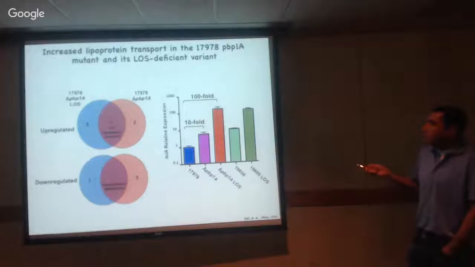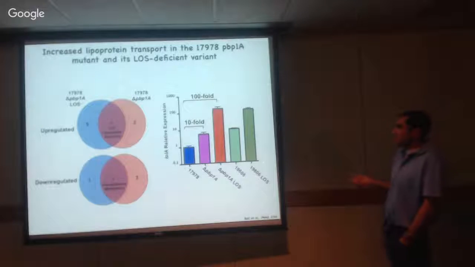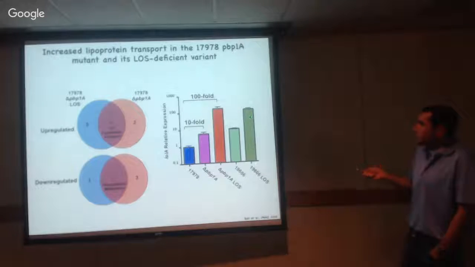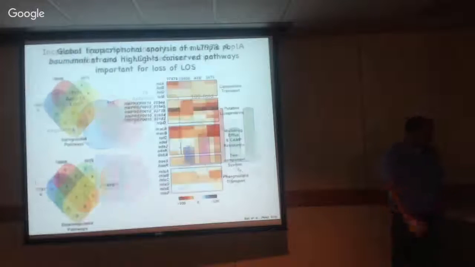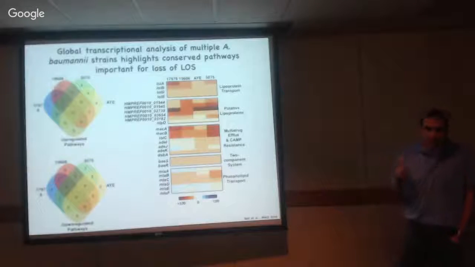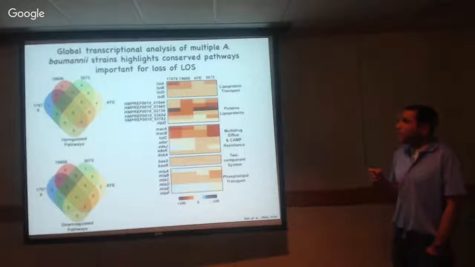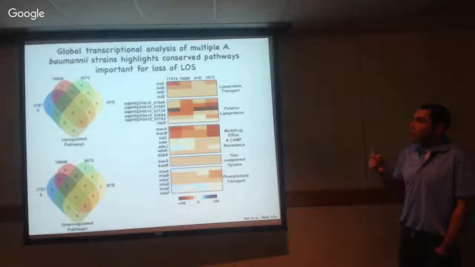In our LOS mutant, there's about a 100-fold increase. So we know that lipoprotein transport, the movement of lipoproteins from the inner membrane to the outer membrane, is upregulated in these PBP1A mutants and the LOS deficient strains. So that suggested that lipoproteins are important for survival without LOS.